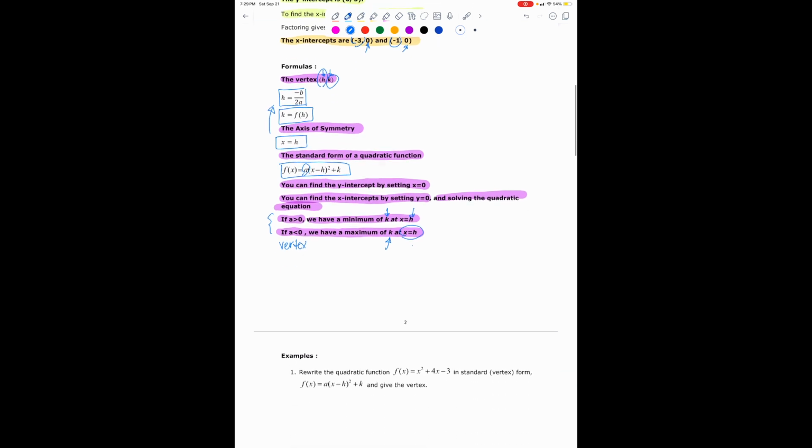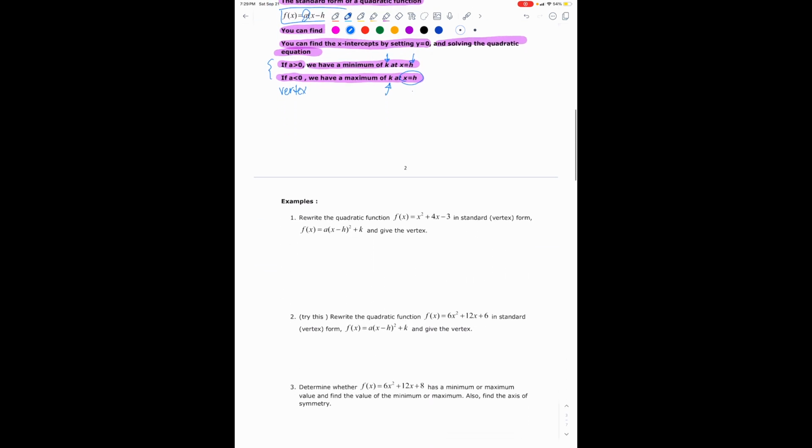Similarly, if a is negative, then we have a maximum, the maximum value is k, and it's located when x is equal to h. So that depends on finding the vertex. You're going to find the vertex before you determine a maximum or a minimum.